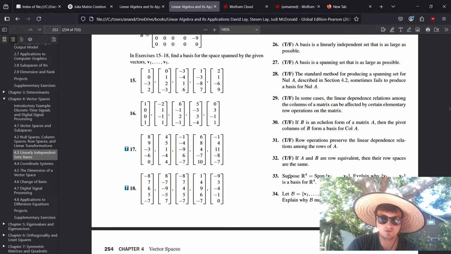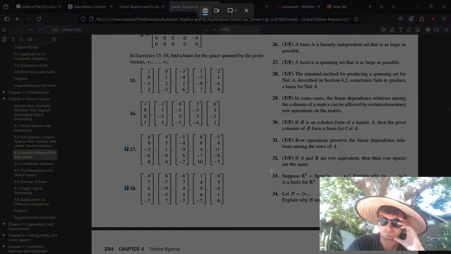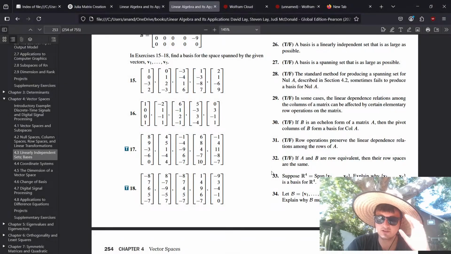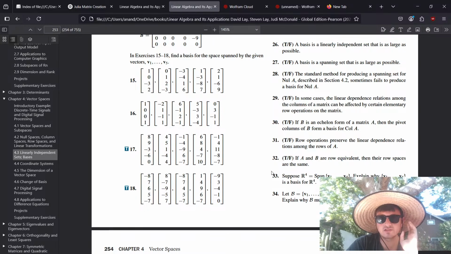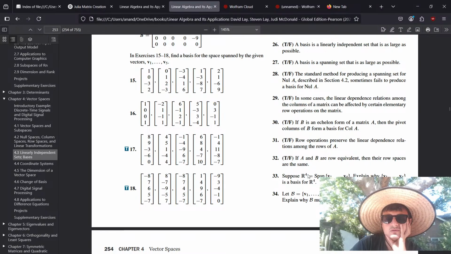Okay, I want to know what the correct way to answer this is. Okay, wait. So what we basically need to show is that the linear combination of this set equaling 0 only has the trivial solution.